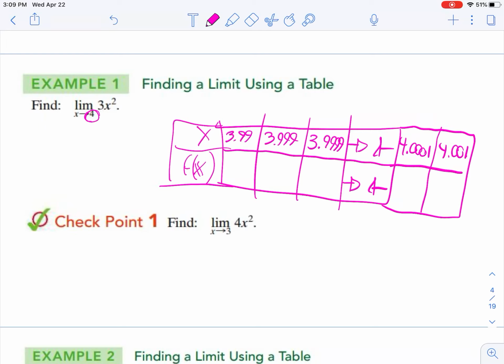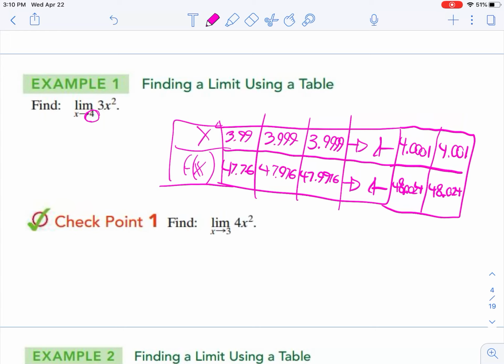So when we plug this into our calculator, we're going to get 47.76. Then we're going to get 47.976. Then we're going to get 47.9976. On this side, we're going to get 48.024.